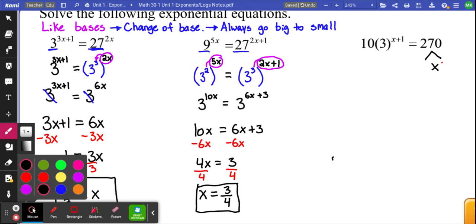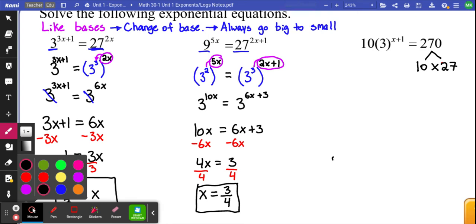The other one has to be from my list of 3 to the power of something, so that I can change that one to be 3 to the power of something. So for instance, 270 could split up to be 10 times 27. And then 27 could change to be 3 to the power of something.